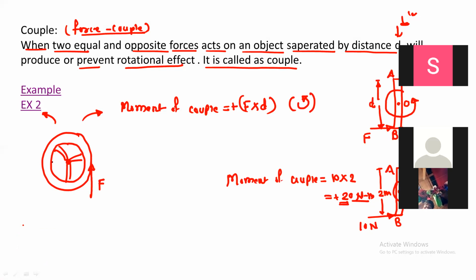Suppose this is the force. In this case, the steering wheel will rotate in the anti-clockwise direction so that we can take the left turn. The moment value: this is the perpendicular distance, suppose this is AB. So the moment by the couple is equal to force into perpendicular distance d. Right now it is anti-clockwise, so this is the direction or sense of rotation.